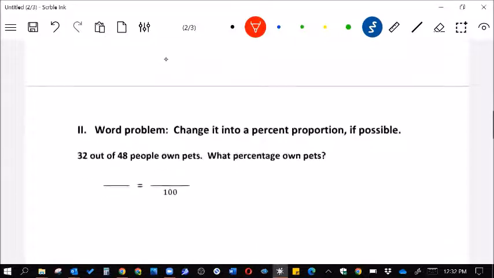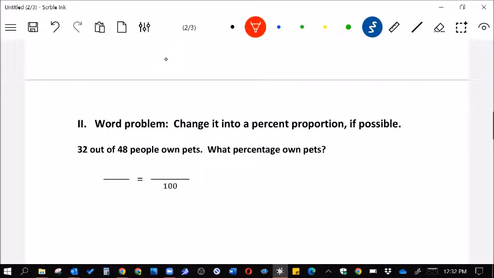Let's take a look at a word problem where we will be able to play with it and do some things with it. We're going to change this into a percent proportion if possible. So back to the original main key thought, I'll put that in red, is that what we have is the partial divided by the total. For 32 out of 48 people, that means 32 is the part and 48 is the total.